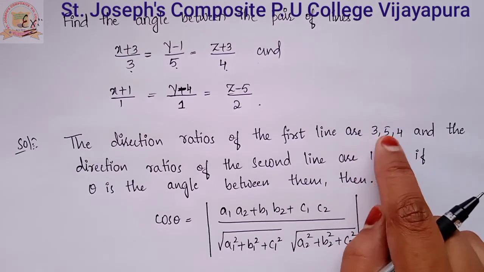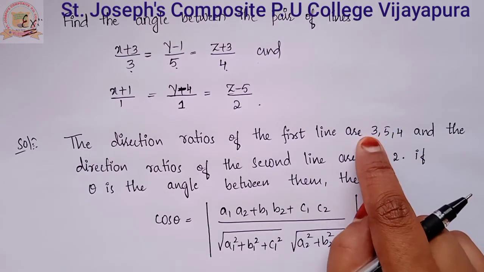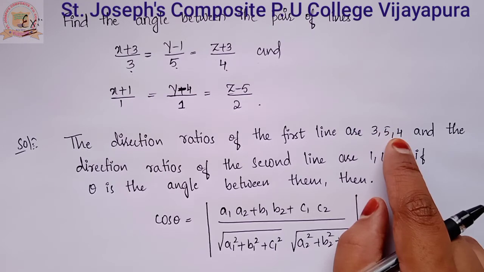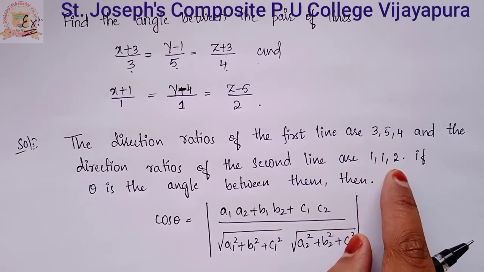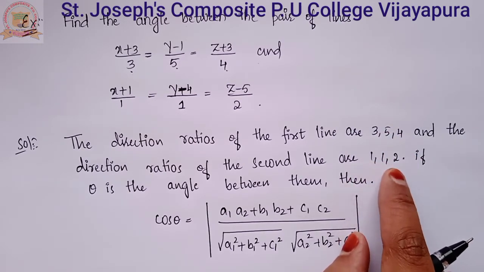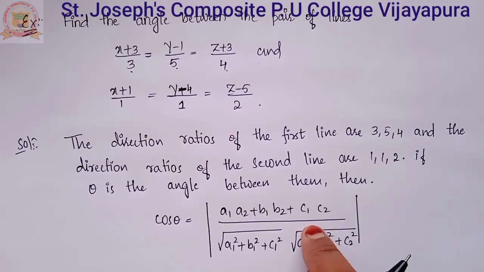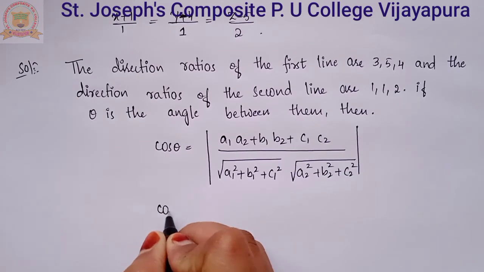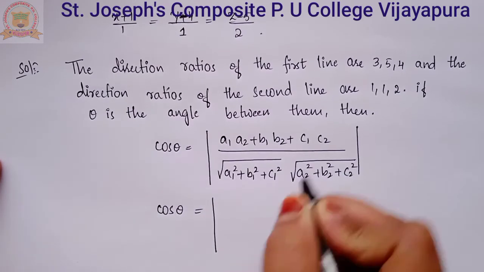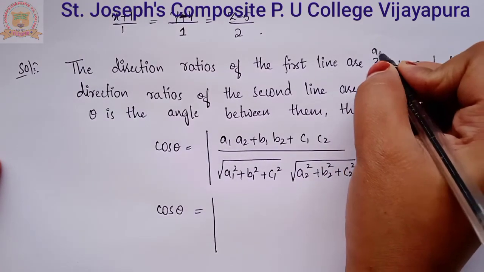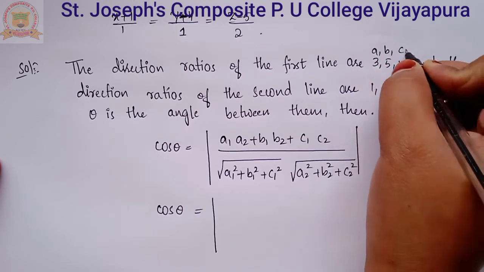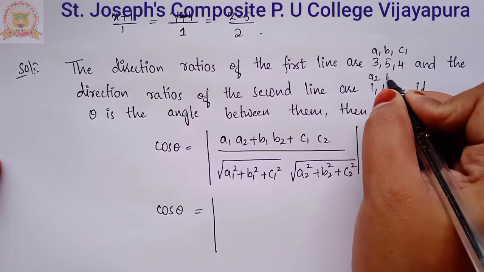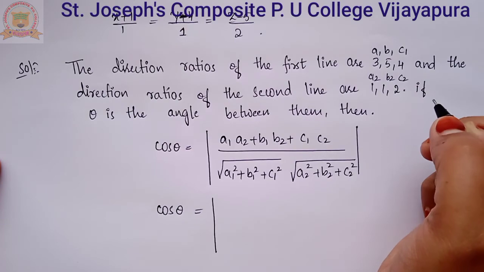So here our A1 B1 C1 is 3, 5, 4 respectively, and A2 B2 C2 is 1, 1, 2 respectively. So substitute here, we get cos theta is equal to mod of, this is your A1, this is your B1, this is your C1, and this is your A2, this is your B2, and this is your C2.